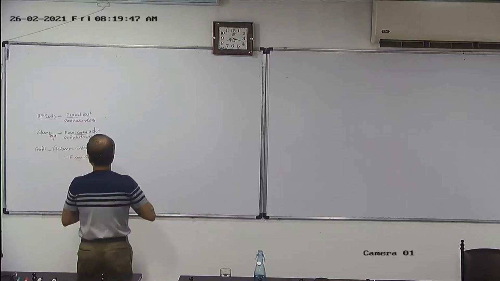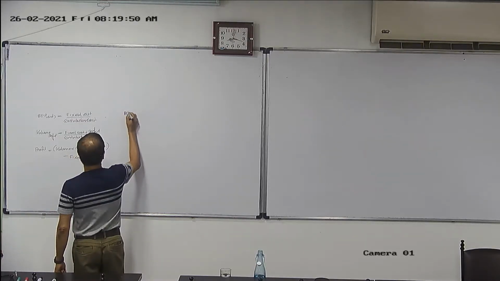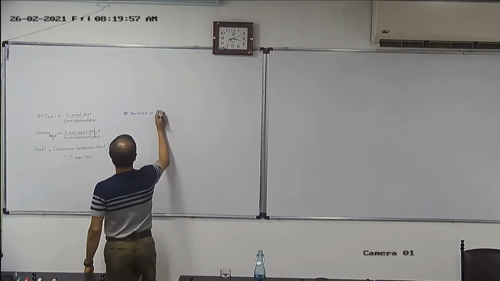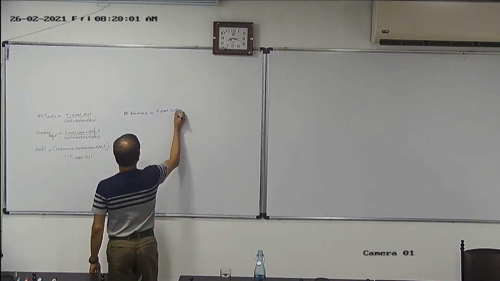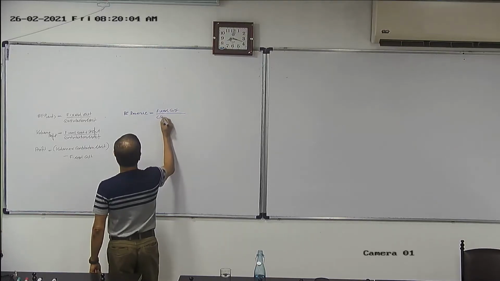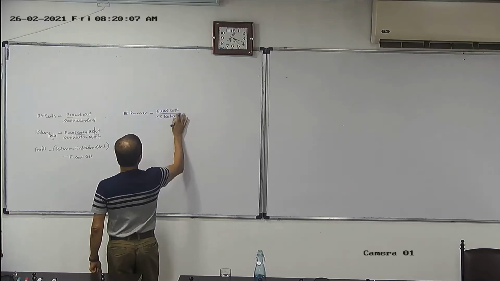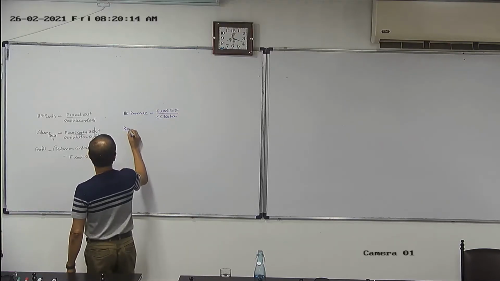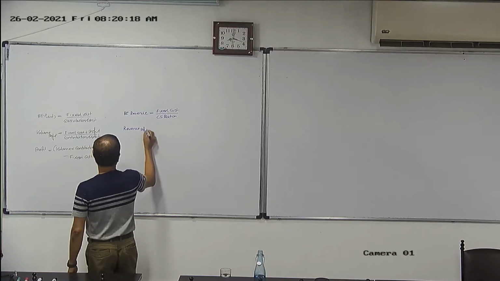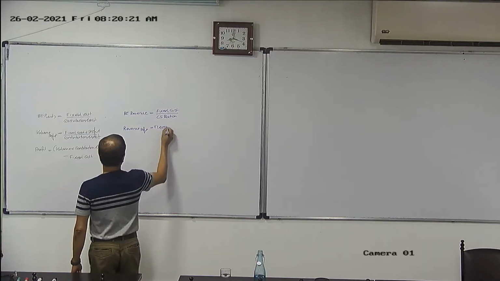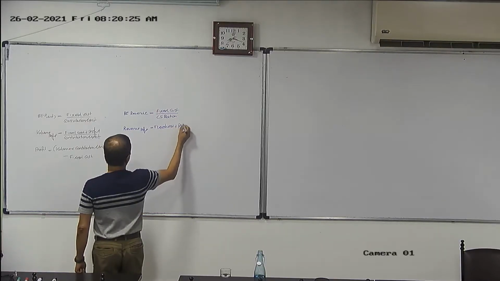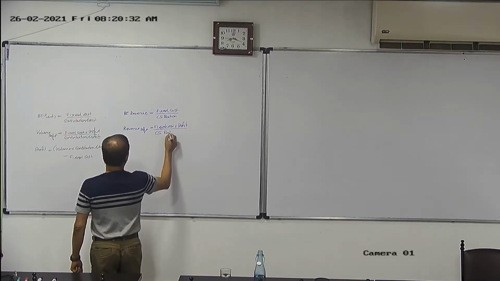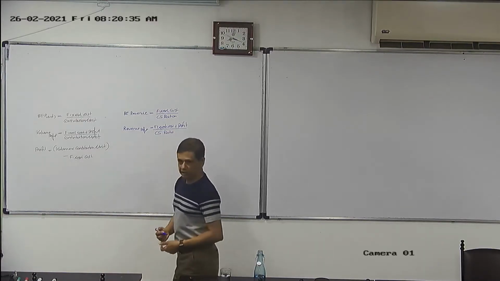And then the second set of equations: break-even revenue is fixed cost divided by the CS ratio, and revenue for a desired profit is fixed cost plus the desired profit divided by the CS ratio.